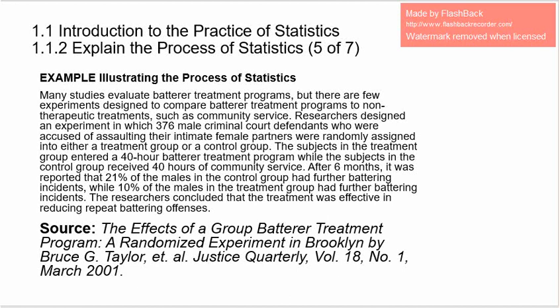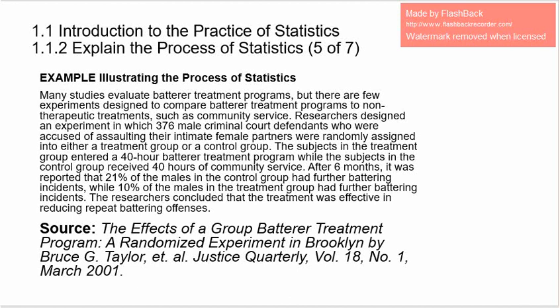So here is an example to illustrate the process of statistics. Many studies evaluate batterer treatment programs, but there are few experiments designed to compare batterer treatment programs to non-therapeutic treatments, such as community service. Researchers designed an experiment in which 376 male criminal court defendants who were accused of assaulting their intimate female partners were randomly assigned into either a treatment group or a control group.